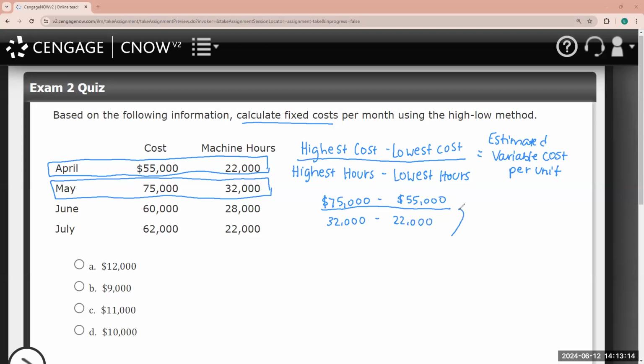All right, so we break it down even further. In our numerator, we have 75,000 minus 55,000, which gives us 20,000. And we divide it by 32,000 minus 22,000, which gives us 10,000.